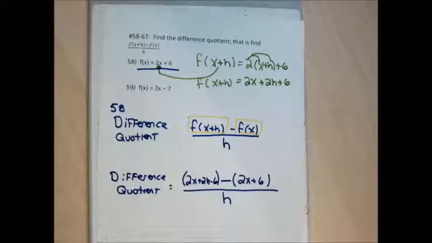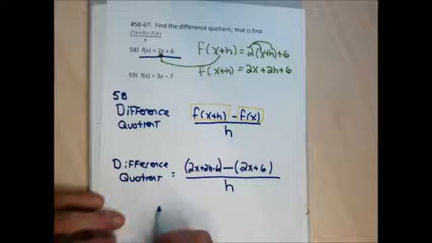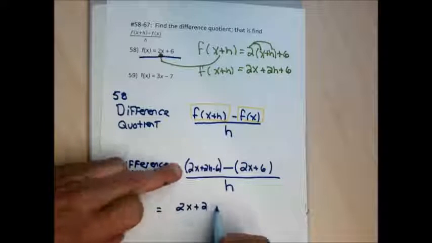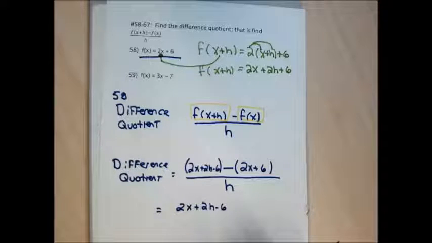This is an unsimplified version of this difference quotient, which is most of the way done. The only thing I need to do now is simplify the numerator by dropping the parentheses the correct way. The first parentheses I have in the numerator I can just drop without doing any sign changing.